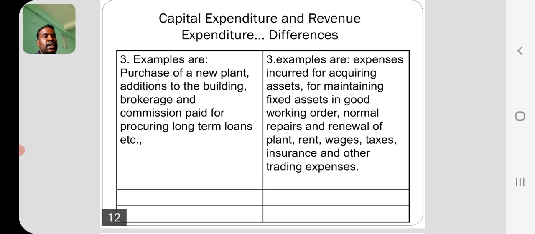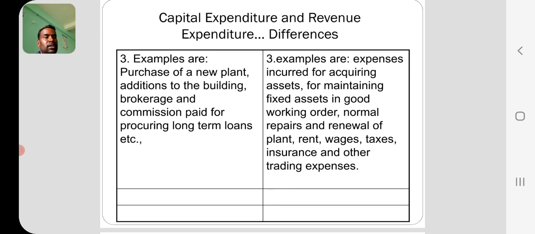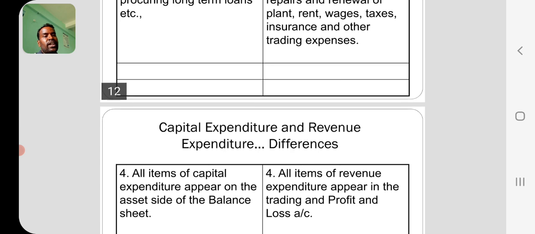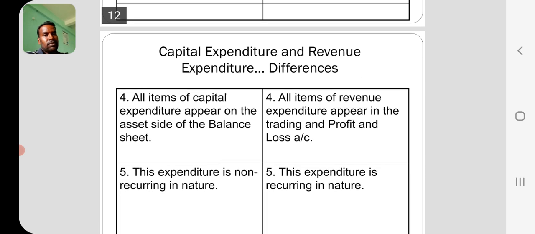Next, here the examples are expenses incurred for acquiring assets, for maintaining fixed assets in good working order, normal repairs and renewal of plant, rent, wages, taxes, insurance and other trading expenses.